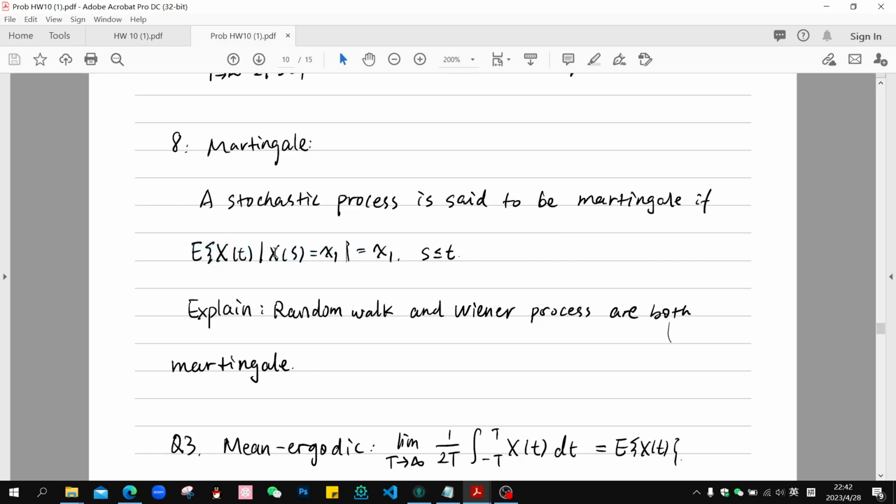That is to say, the expectation of a conditional probability equals the condition itself. And we also know that the random walk and the Wiener process are both martingale.